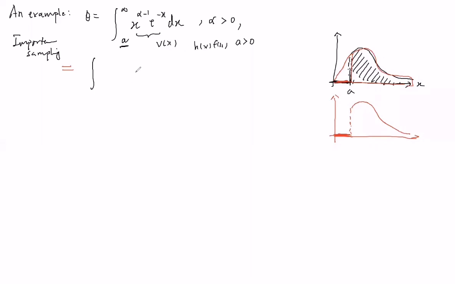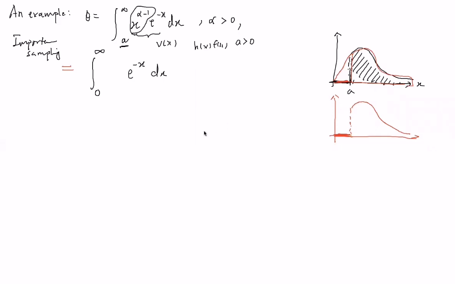Now, suppose you consider f(x) as the exponential function. So you'll have to integrate from 0 onwards, because the support of the exponential function is from 0 to infinity. Then for this part here, you will have to use an indicator function.